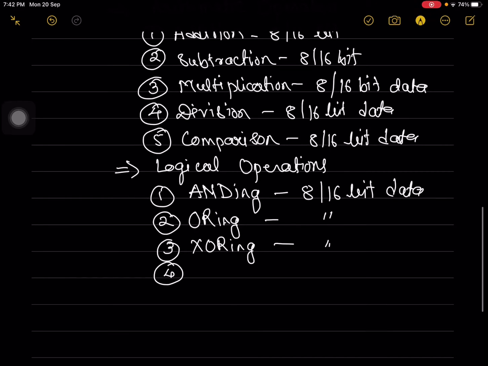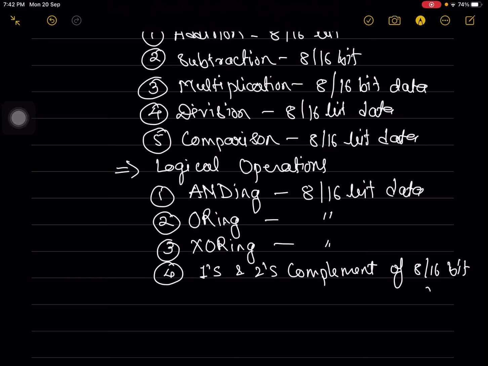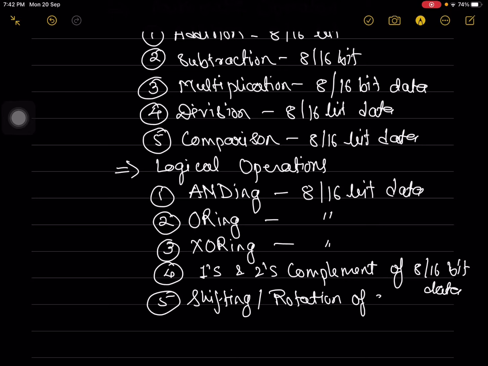Then it can obtain the ones and twos complement of the data. Again, the data can be 8-bit or 16-bit. And another important logical operation is that it can perform shifting or rotation of the data. This is another logical operation which can be done in the microprocessor ALU.